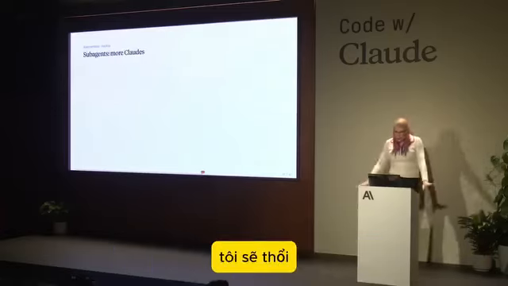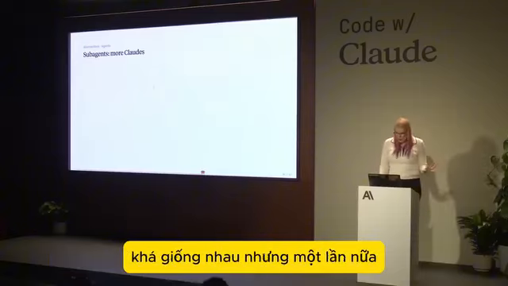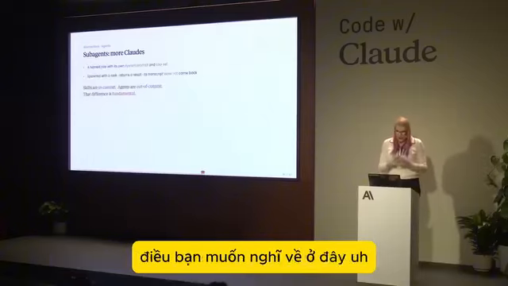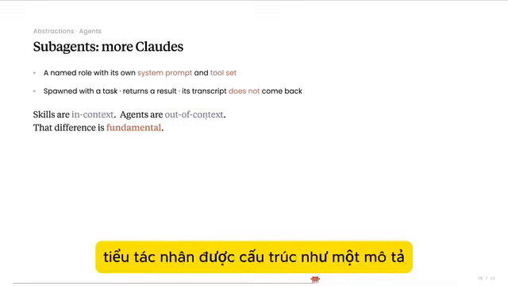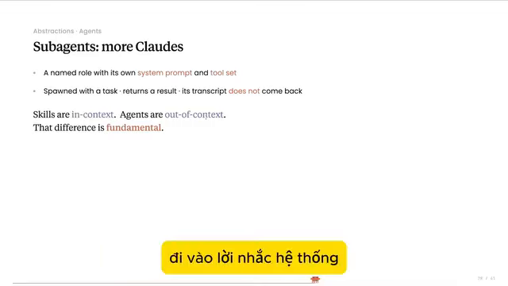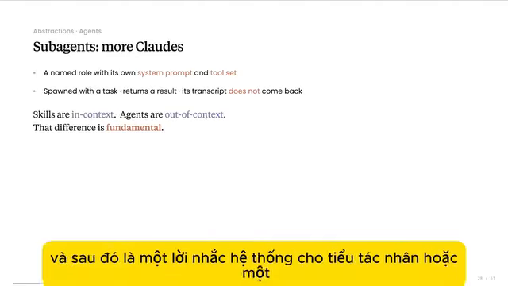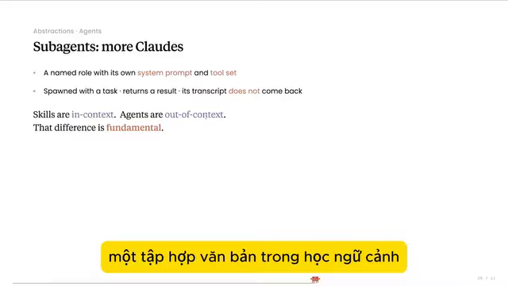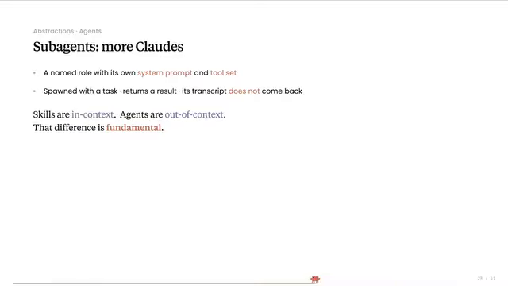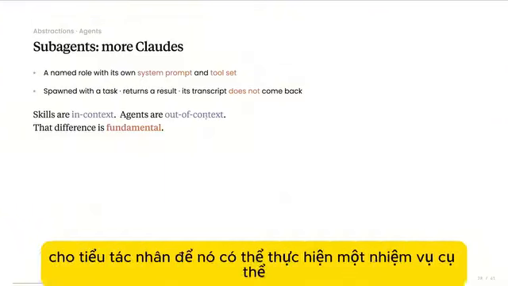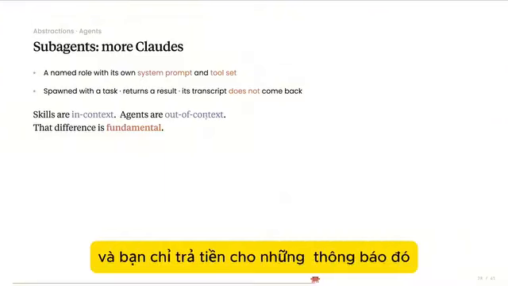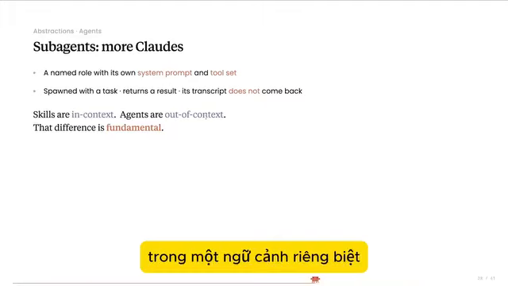Subagents, I'm going to breeze through this a little bit because a lot of the concerns are pretty similar. But again, the thing you want to think about here: subagents are structured as a description that goes into the system prompt, and then a system prompt for the subagent, or a set of text in context learning for the subagent so that it can perform a specific task. And you only pay for those tokens in a separate context, right?